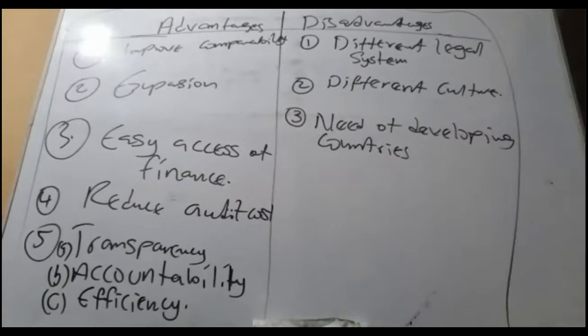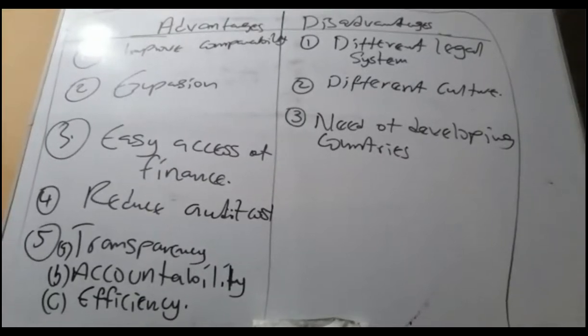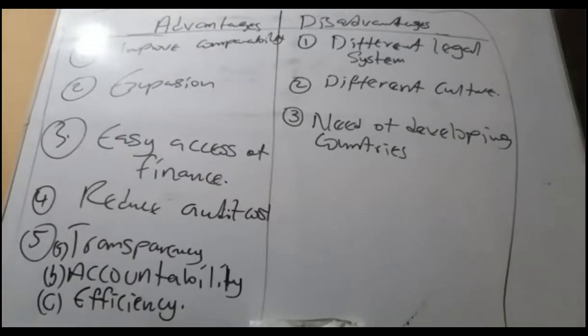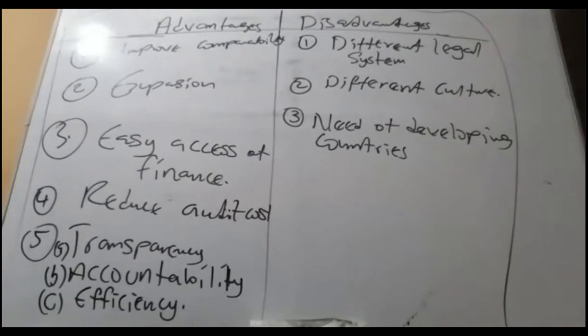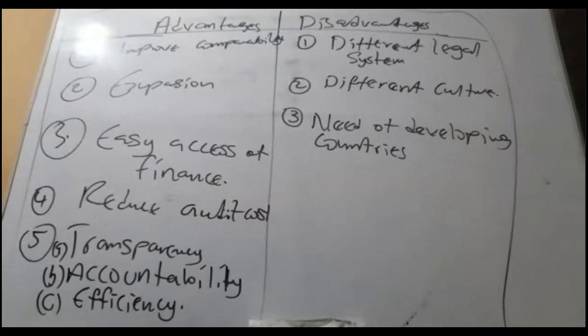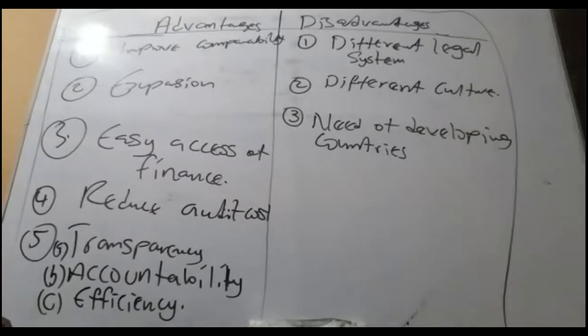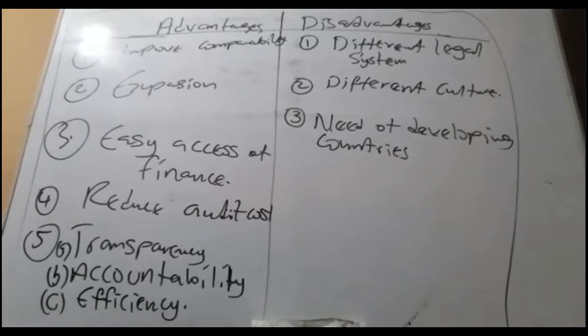Other than that, that country must throw away the legal status of that country and then take the IFRS loan. Currently in Ghana, the IFRS 10 conflicts with the Companies Act. So if there are a lot of contradictions, do you think we'll be happy and use it? Then we will go back to our Ghana GAAP.